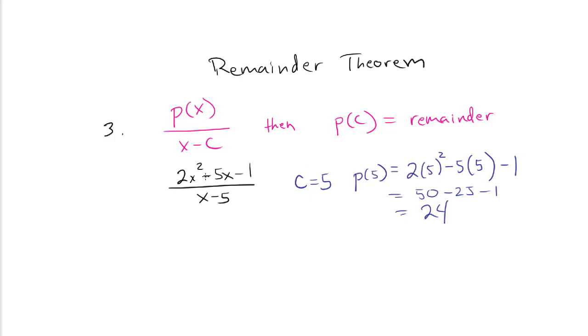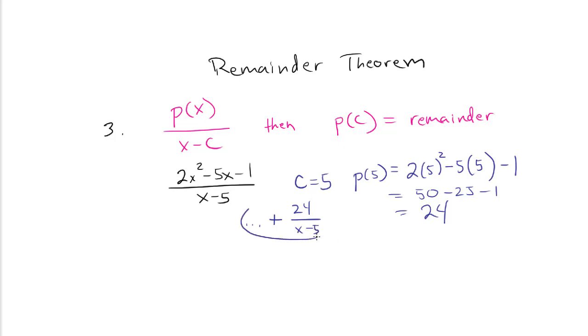Now, I might not know what all the other terms that divide evenly into p of x are beforehand, but if it's multiple choice and there's only one answer that has that last term, dot, dot, dot, plus 24 over x minus 5, guess what?